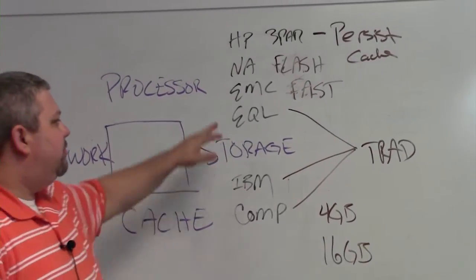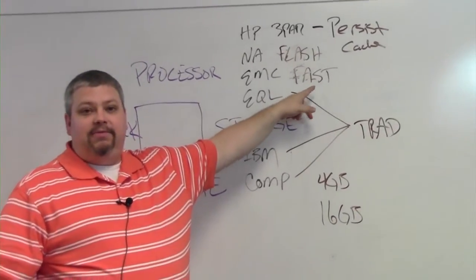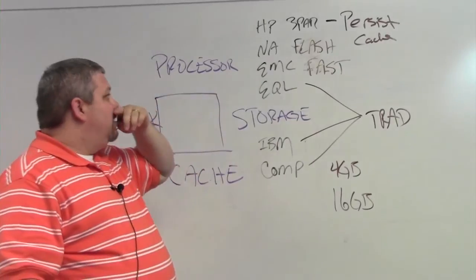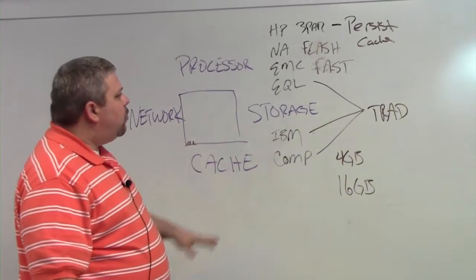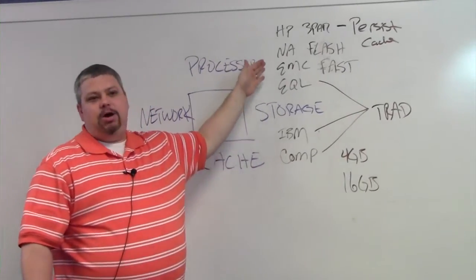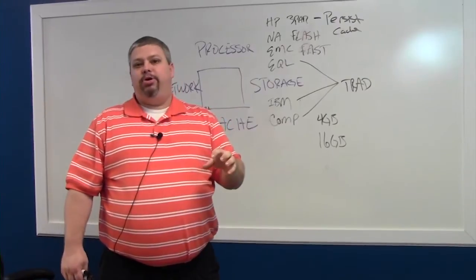But if you're familiar with EMC, you know that this FAST is part of their FAST VP series of products, and this is part of their Flash Cache. What these are is these are actually PCIe cards that are built on flash-based solid-state memory.